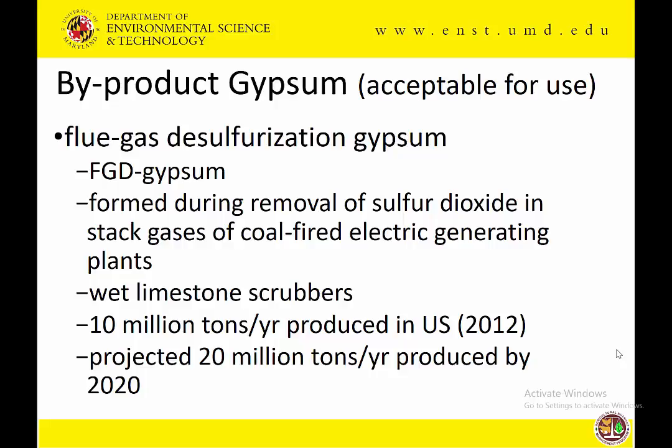In 2012, the statistics showed that we had about 10 million tons of this produced a year in the United States. But as more and more electric generating plants gear up to meet the clean air requirements and their new scrubber systems are built, it's projected that by the year 2020, we'll have twice what we had in 2012. And the industry is looking at agriculture as a place where this may go.